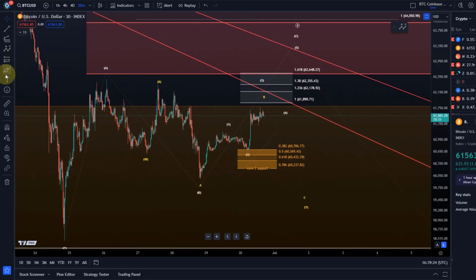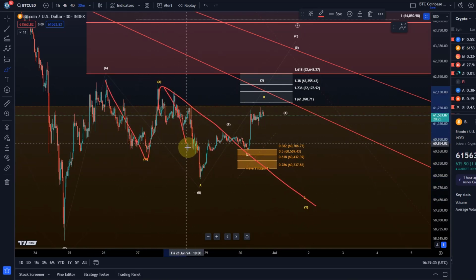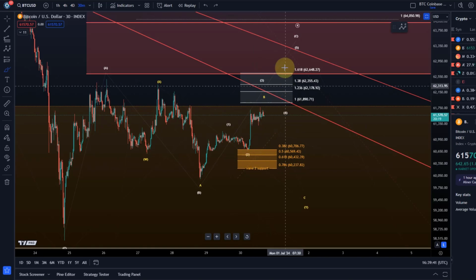So, quick explanation: because this is all corrective price action, this could easily be a W, X, Y structure. And in the Y wave, we have an A, B, C. Therefore, to maintain the upside pressure, the intraday low must hold. That's the invalidation point for the white microstructure.